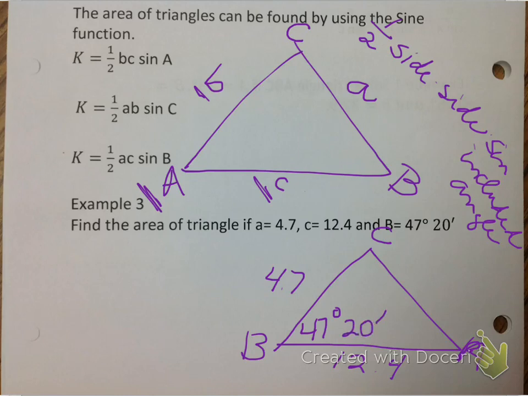So notice I know two sides and the included angle. So now I can use the formula 1/2 side times the side times the sine of the included angle.